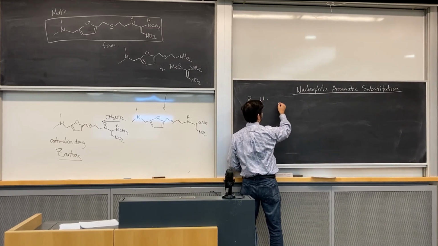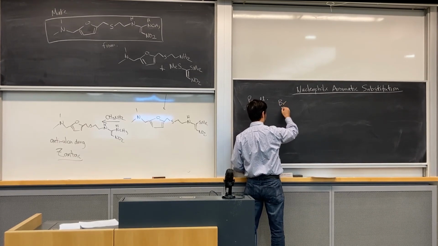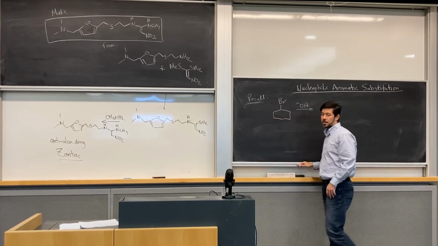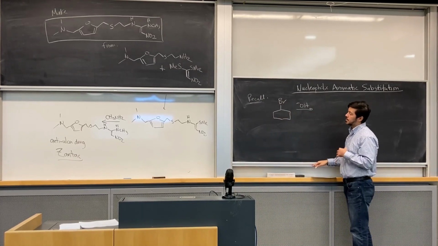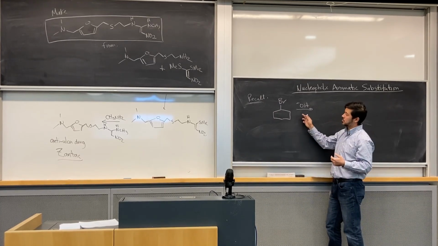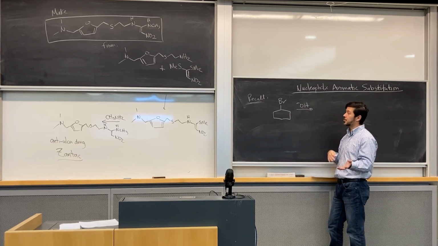All right, so recall, if we have something that looks like this, and this is not aromatic, and if we treat this with something like hydroxide, there's a few different things that could happen. You know, bromine's a good leaving group, so you could do direct SN2, or it could perhaps go via SN1.